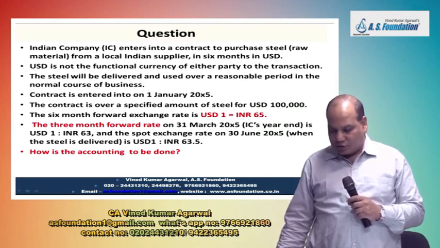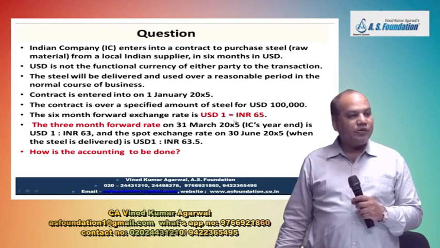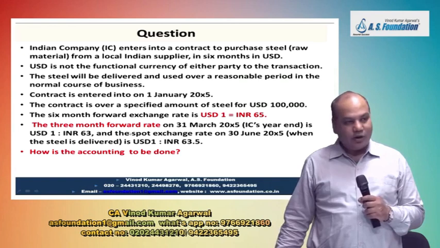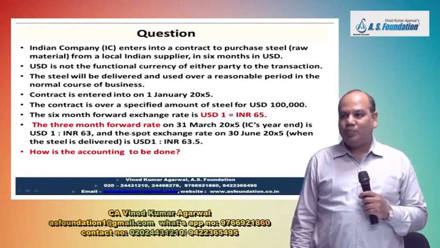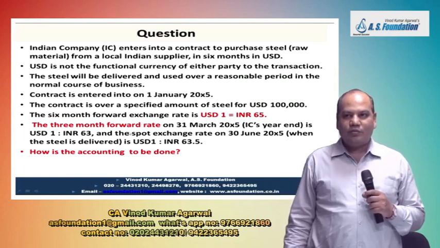And I am purchasing the steel. If I am the purchaser of steel which is denominated in US dollar, at the time of purchase the rate was 65. But on the balance sheet date, the rate is 63. Will I be happy or sad? Happy. Exchange rate is going down.